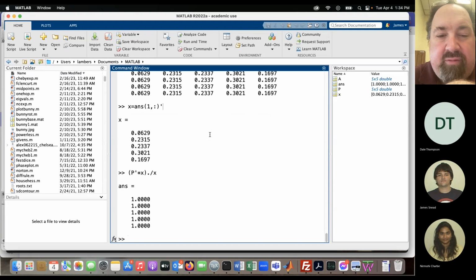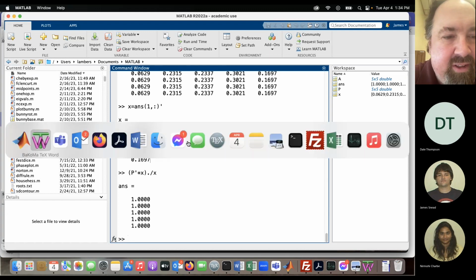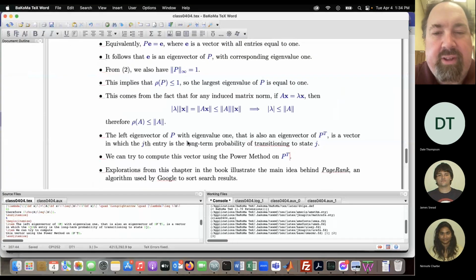And as I mentioned before, this eigenvector indicates the probability of winding up at a given page in any number of links, like the probability of navigating there ever. Alrighty. So, questions about power method, stochastic matrices, that sort of thing.